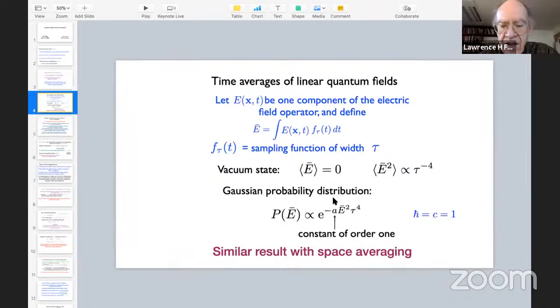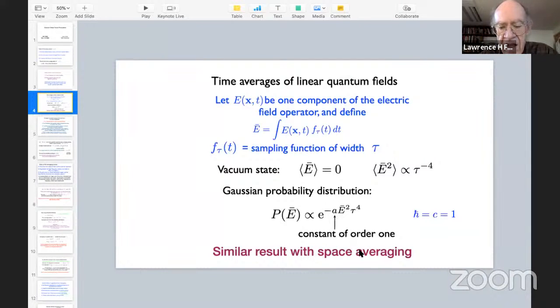That is, the probability of finding a large value of E bar will scale down as the exponential of E bar squared. Now, the quantity in here is this dimensionless measure times a constant, typically of order 1, but the numerical value of that constant depends upon your choice of the sampling function. Use different functions, you'll get slightly different values for this constant.